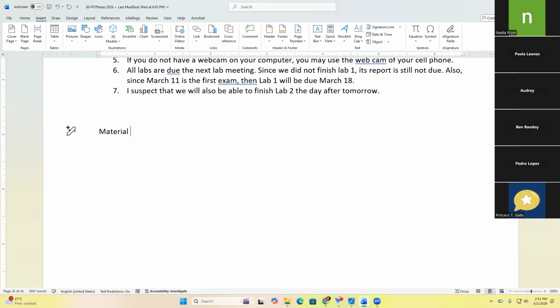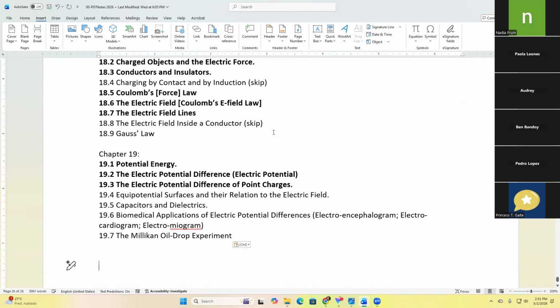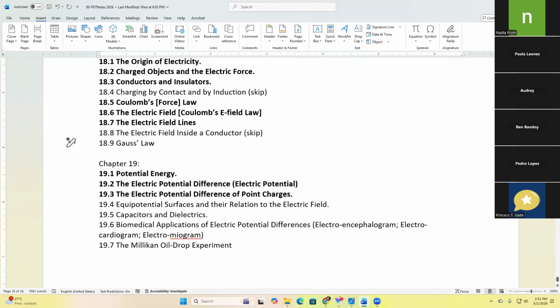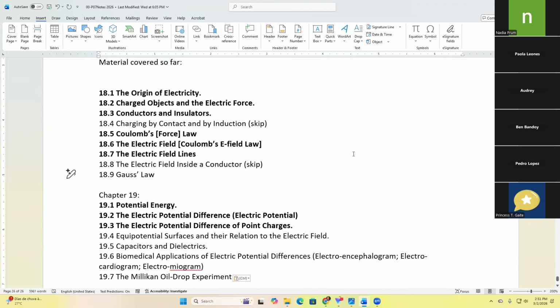Material covered so far. We're going to skip field inside the conductor, but we're going to cover this one here. For now, we're going to skip field inside the conductor. But the bell, good. So let's highlight that here.